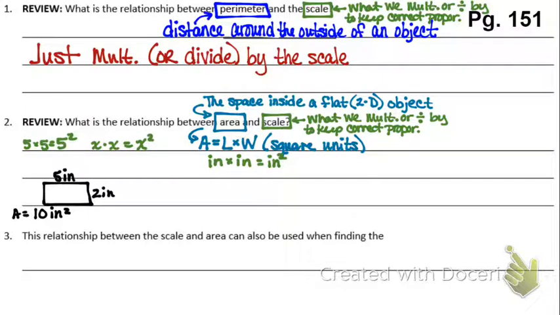What if I wanted to take that rectangle right there and I wanted to double the length and the width? What would the new length be? I just want to double the length and the width. I'm not talking about area yet. What would this change to if I wanted to double it? 10 inches.